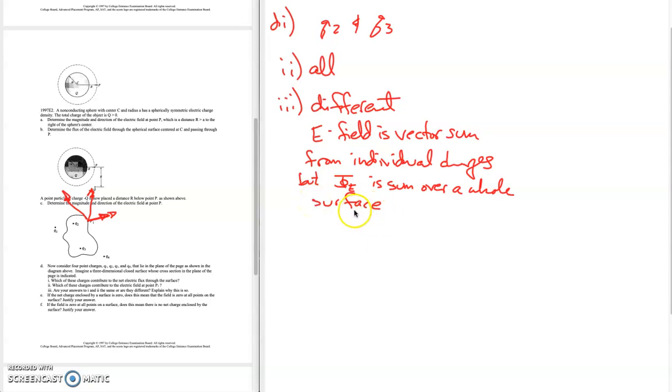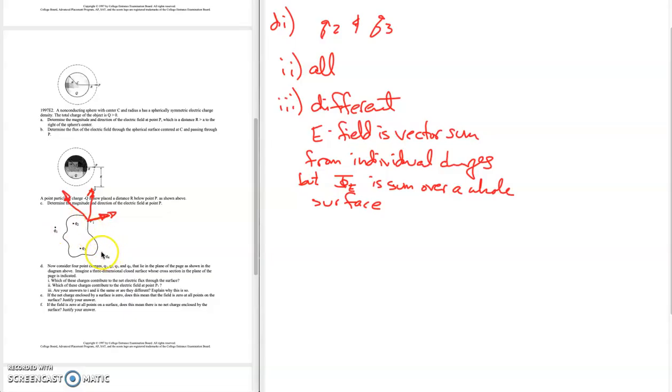Over that whole surface, you have to account for the fact that Q1 has an in, which would be minus, and an out, which would be plus. Those two are going to cancel each other, because every line that goes into that surface is going to exit that surface on the other side.